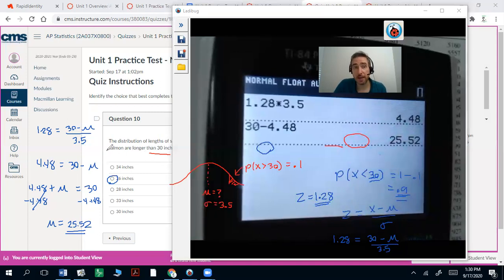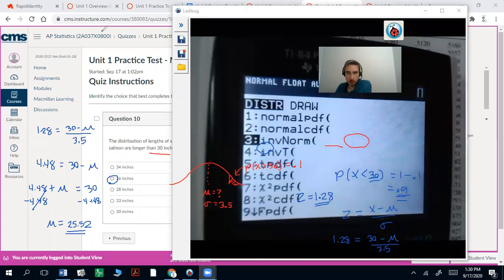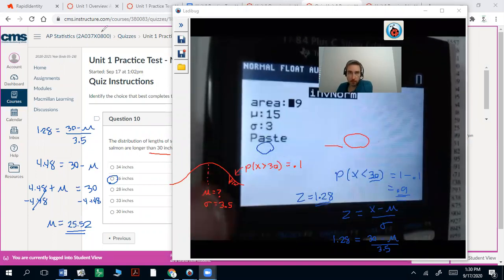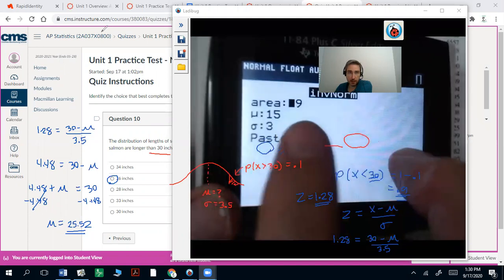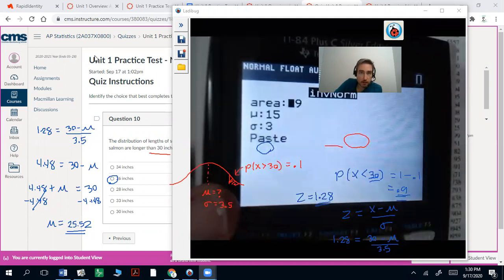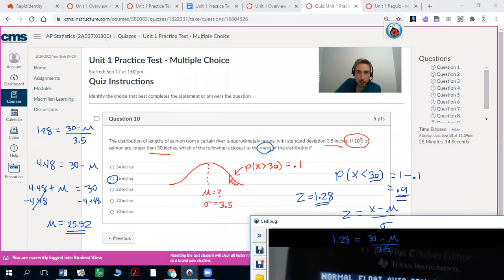Now you can do this by guessing and checking as well. First, you can do the inverse norm, and keep your area at, remember, since the 10% above, that area is still going to be 90% because we're subtracting that from 1.